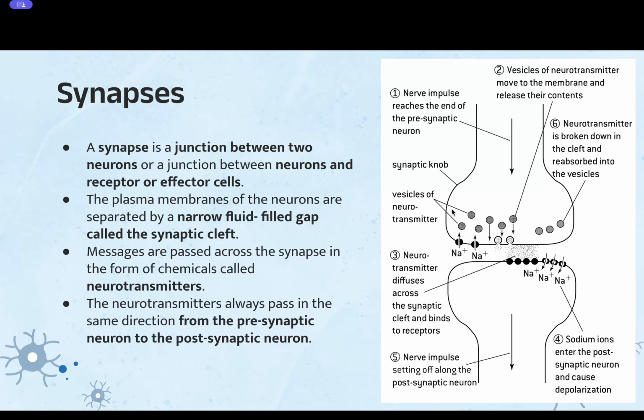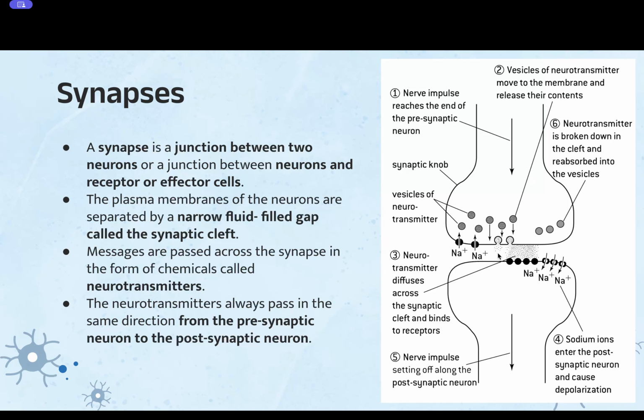So between these two, there's a plasma membrane here, but between the synaptic knobs, which is labeled here, there's a space, and that's called the synaptic cleft. This entire thing is the synapse, but this space specifically that's really narrow and has fluid in it, that's called the synaptic cleft. So because of synapses existing, messages can be passed from one neuron to another, or from one neuron to the receptor or effector cell.